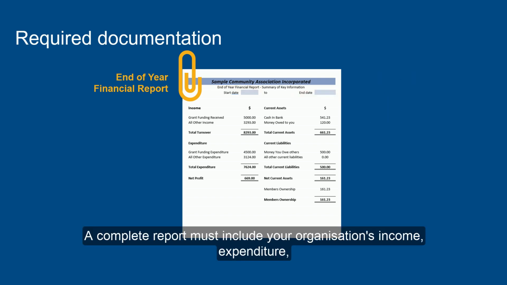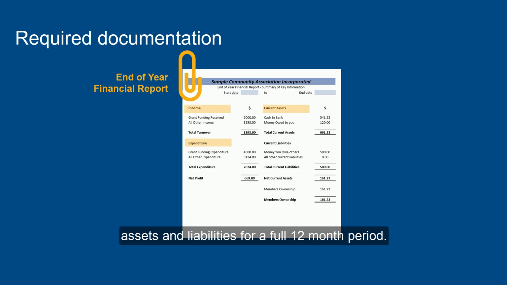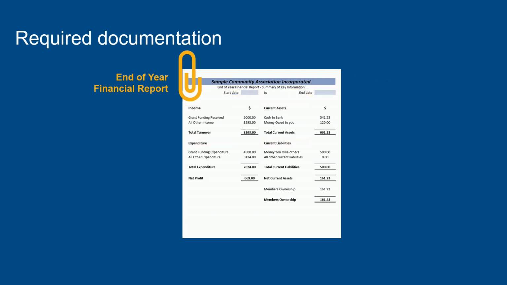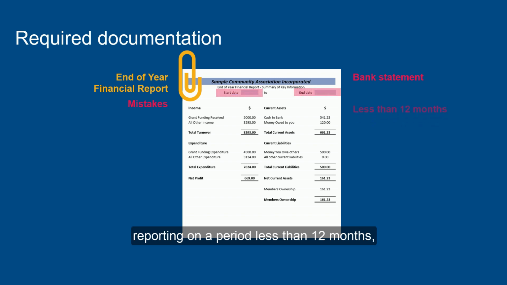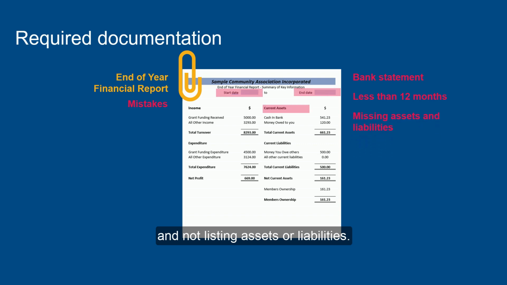A complete report must include your organization's income, expenditure, assets, and liabilities for a full 12-month period. The most common financial report mistakes are submitting a bank statement in place of a financial report, reporting on a period less than 12 months, and not listing assets or liabilities.